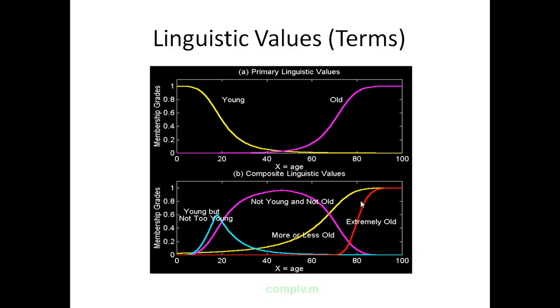So we will take the ages on the x-axis and membership grades on the y-axis. Then the first one gives the primary linguistic value and the second one gives the composite linguistic value. In the first one we are considering young or old, but in the second case we are considering young but not too young, not young, not old, more or less old, extremely old, and all such terminologies. Some examples are given here.